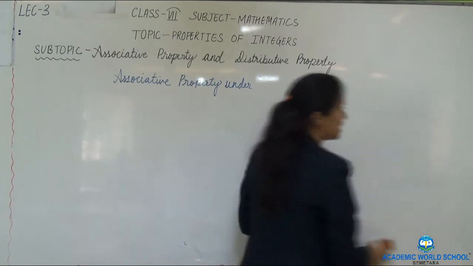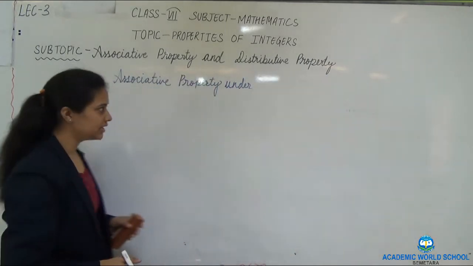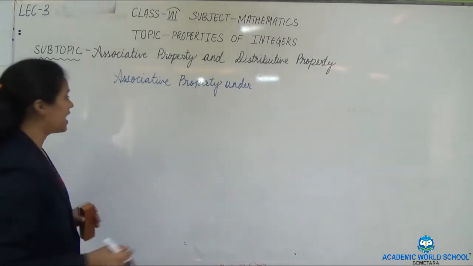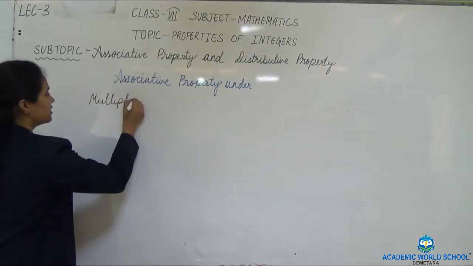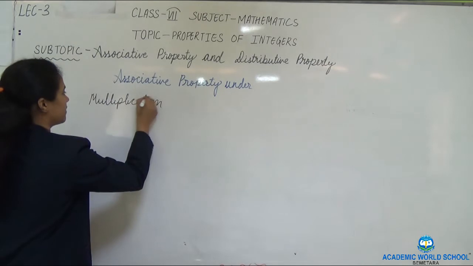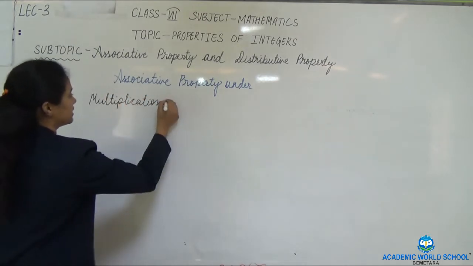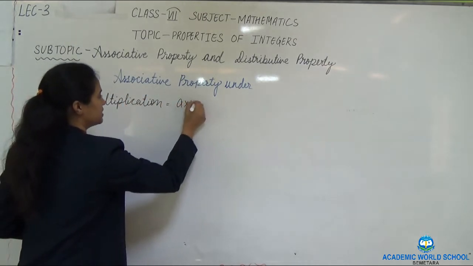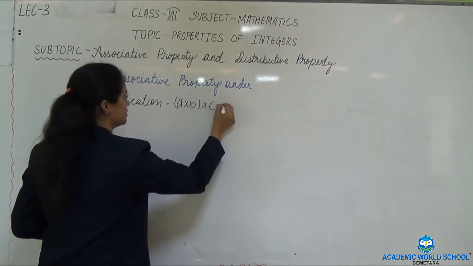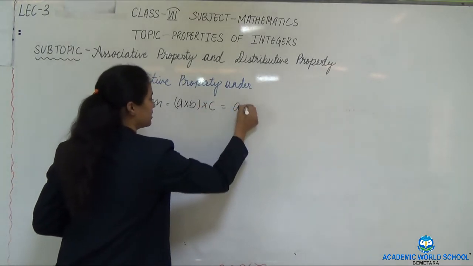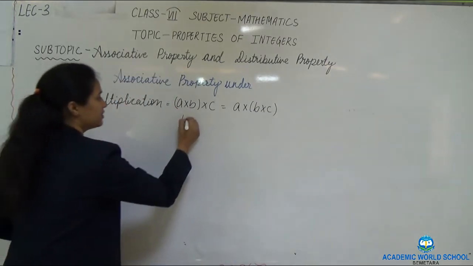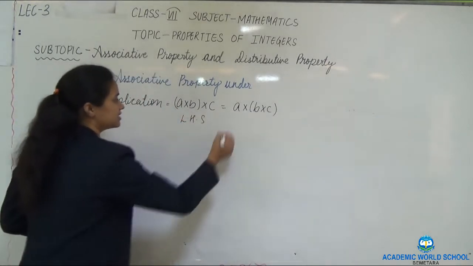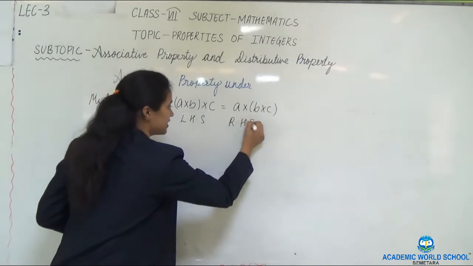Multiplication means again we need to take 3 of the integers and regroup them and test whether the left hand side is equal to the right hand side or not. So (A × B) × C equals A × (B × C). Again we will check whether the left hand side is equal to the right hand side or not.